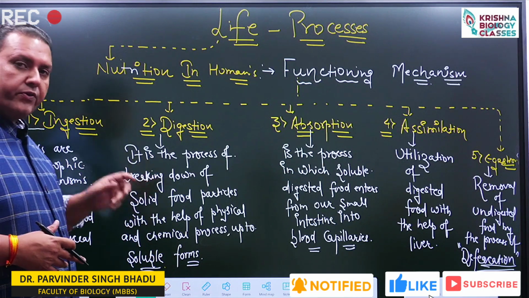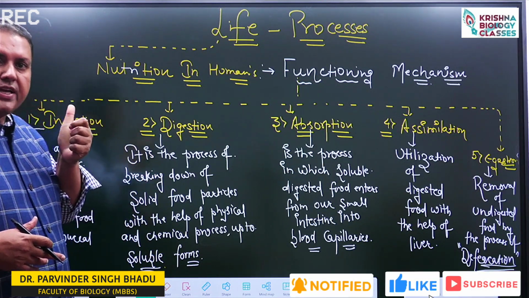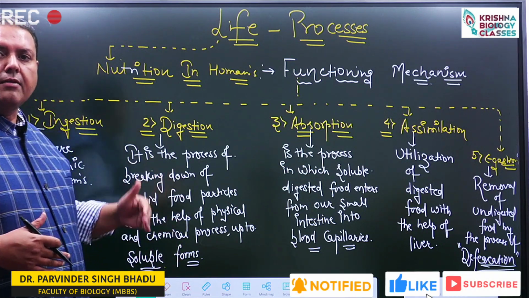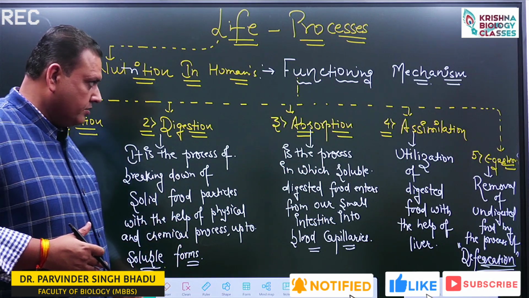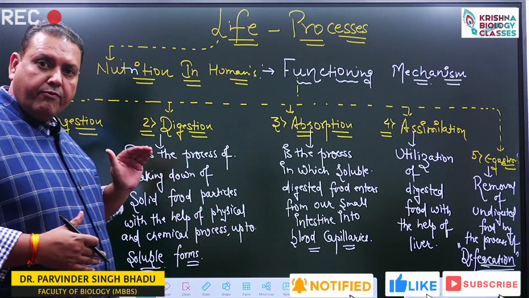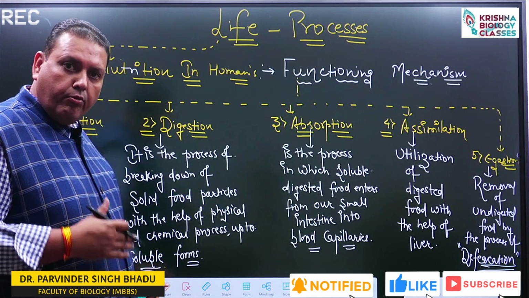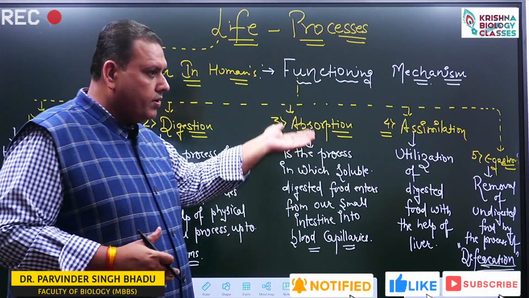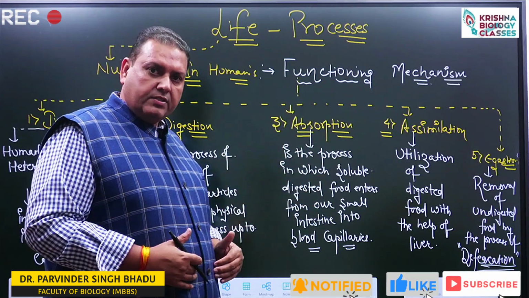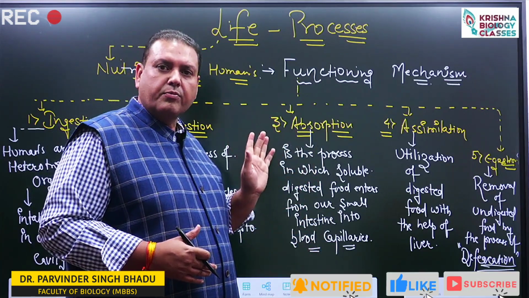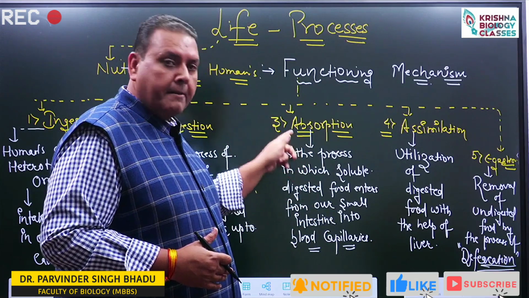How do we break down? With the help of physical process, with the help of teeth, and with the help of chemical process by the help of digestive enzymes. As soon as the nutrients get converted into the soluble form, we transfer them from our small intestine into our blood capillary, and that process is named as absorption.